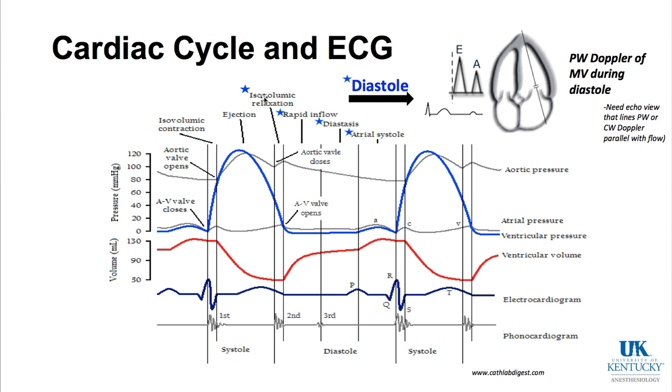First, during diastole is isovolumetric relaxation. And we look at the electrocardiogram, where diastole is starting, and you can see the end of the T wave is the start of diastole, while the end of diastole is the QRS complex.